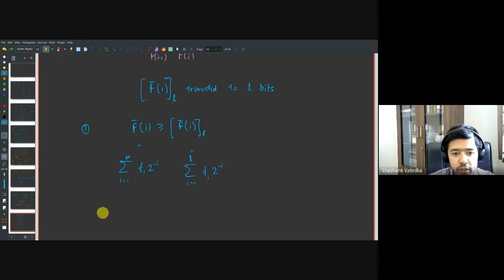Now, what is the maximum difference between f bar of I and f bar of I truncated to L bits? How large can it be?